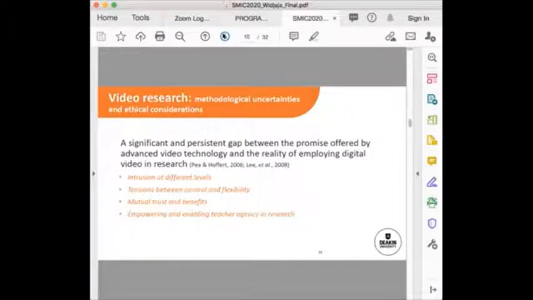I think the two researchers cited there actually highlighted that there is a significant and persistent gap between the promise offered by video technology and the reality of employing digital video in research.